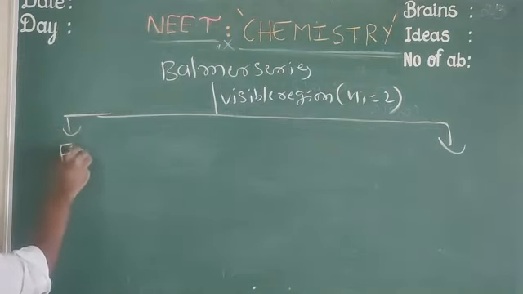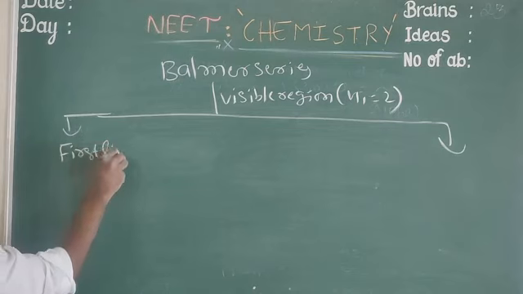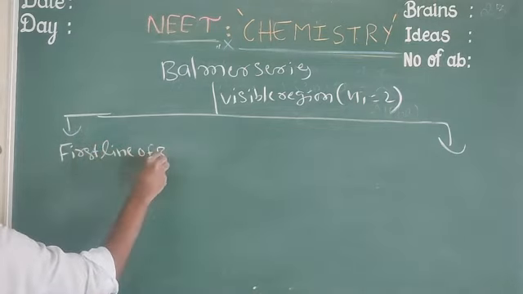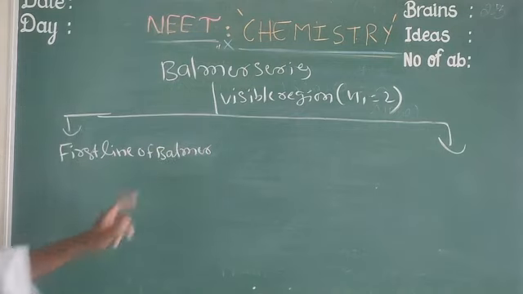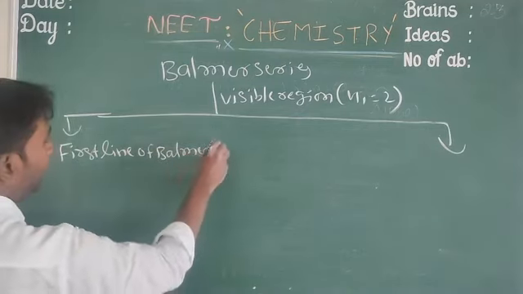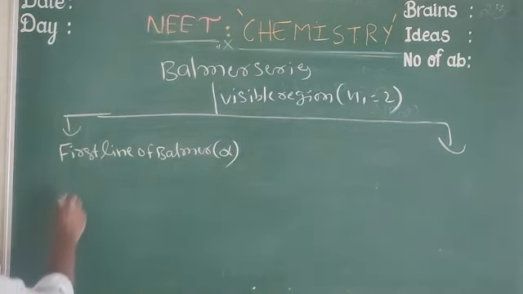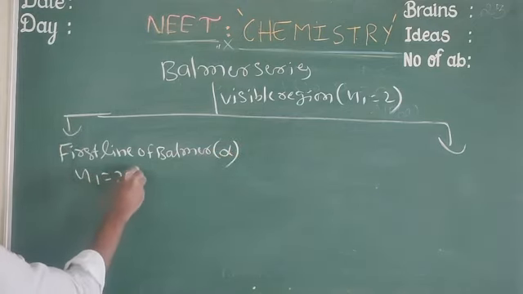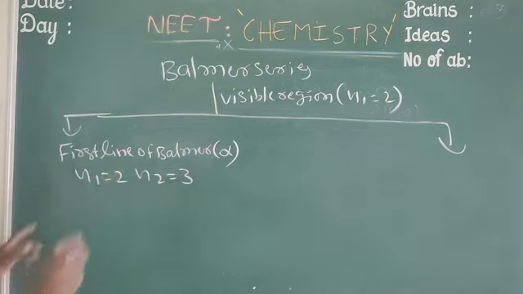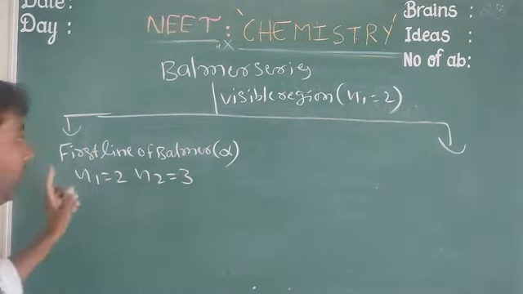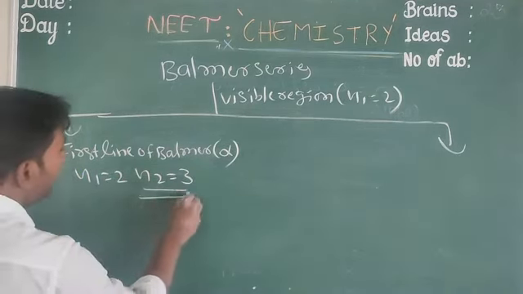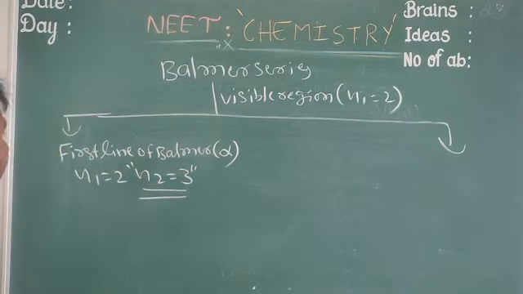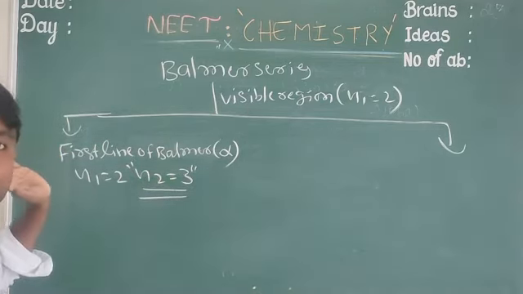First line of Balmer is called alpha. N1 equals 2, N2 equals 3. N1 is a fixed value. If the first line of the Balmer series is given, N2 equals 3.